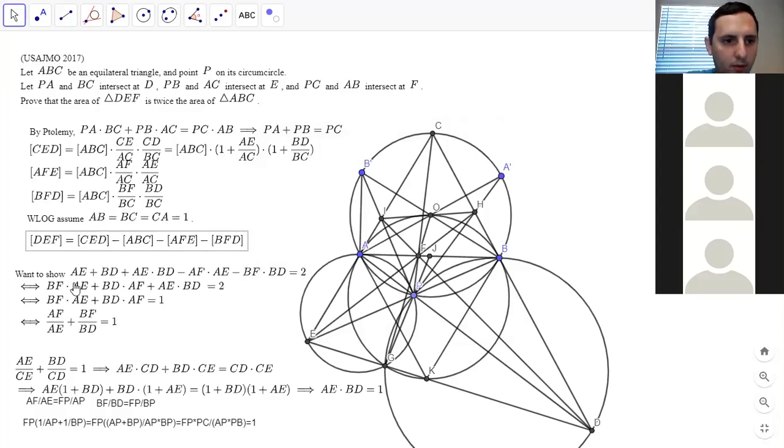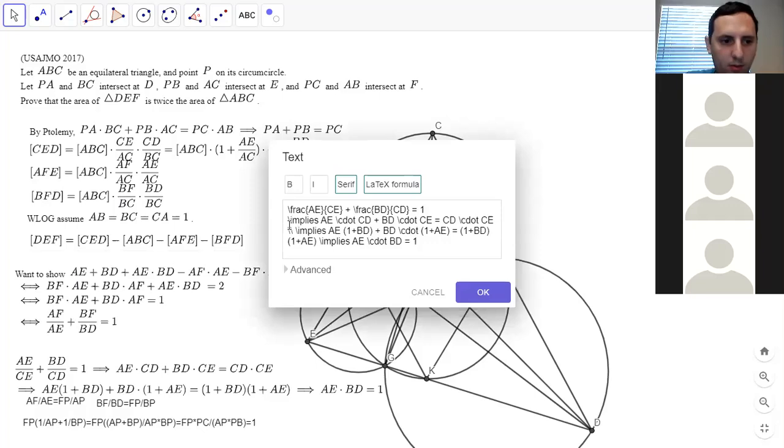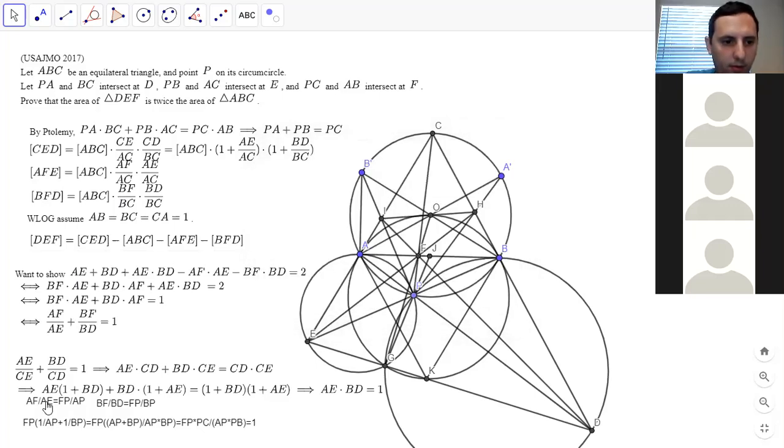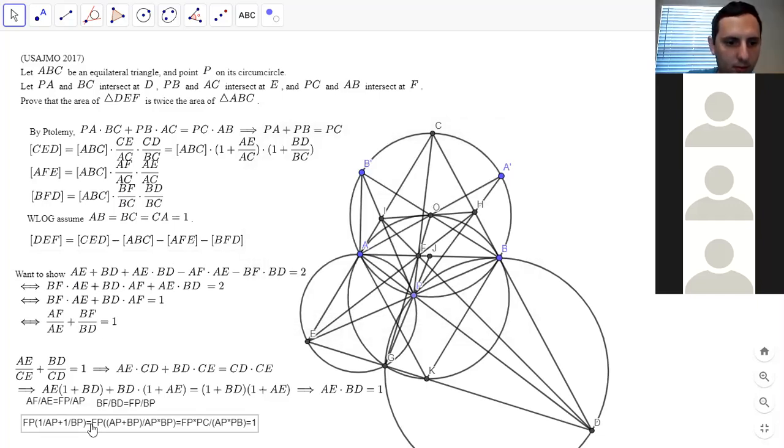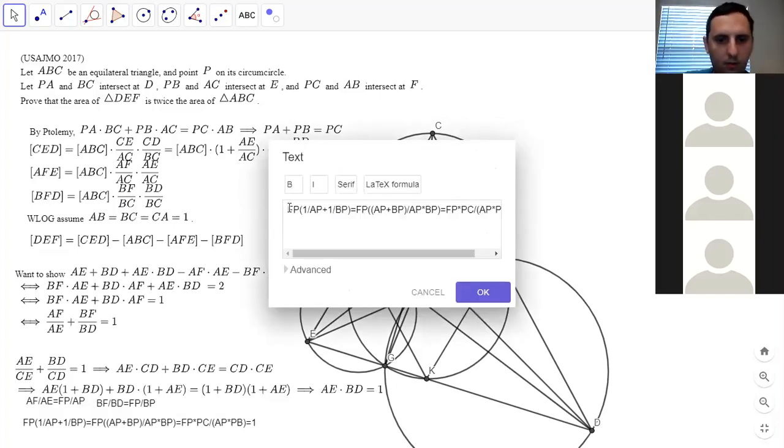Okay. Let me just put this in LaTeX so it looks nicer. So yeah, we use some similar triangles there.